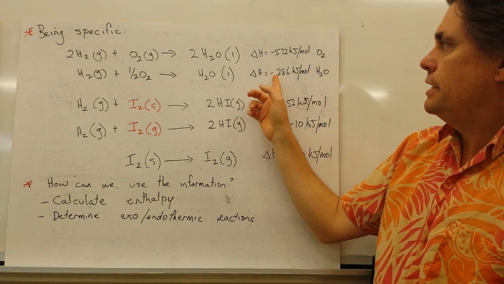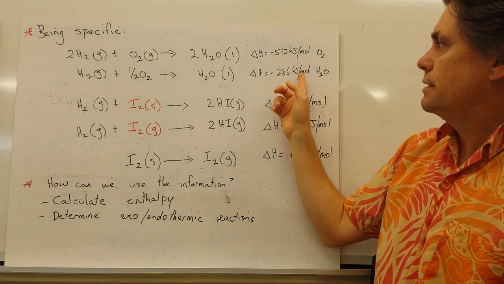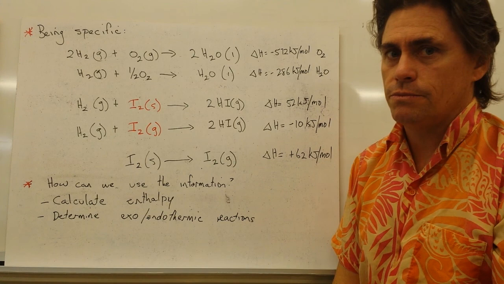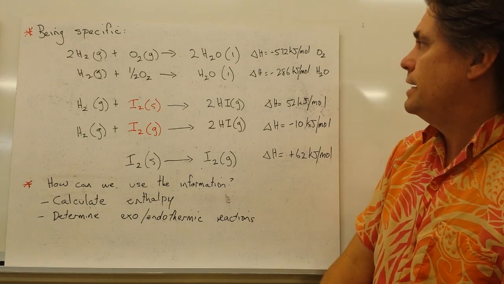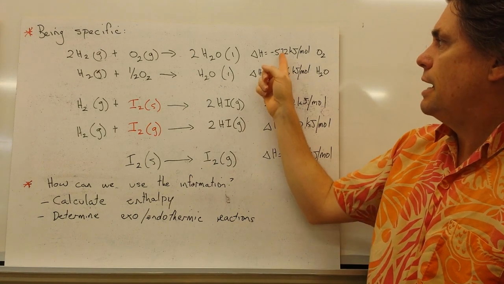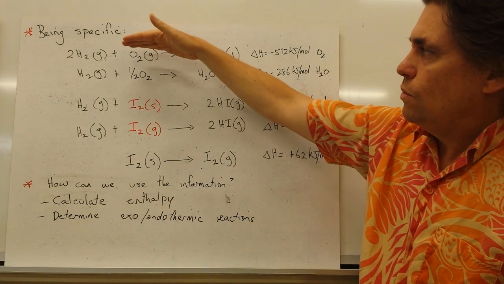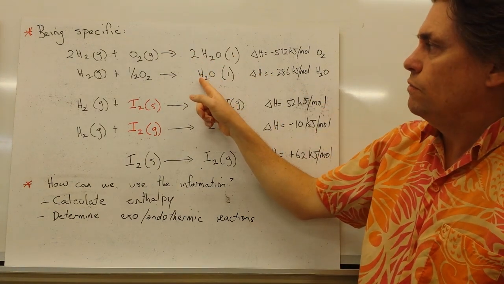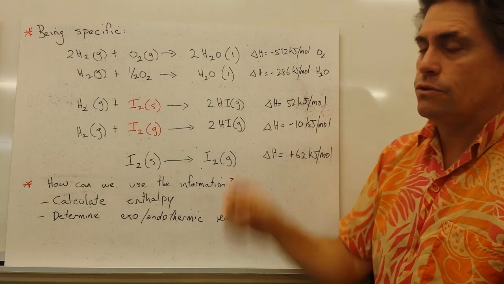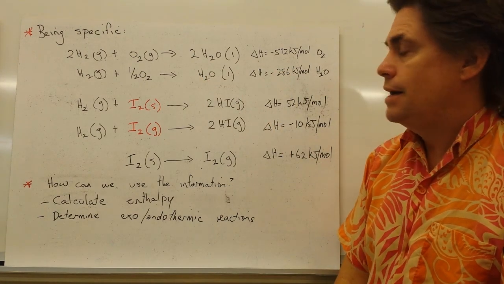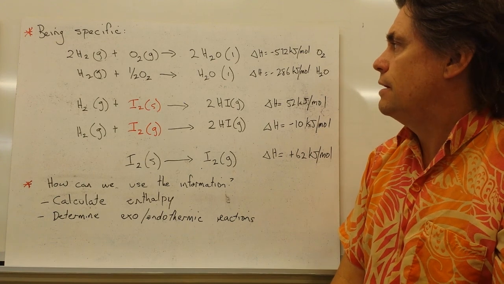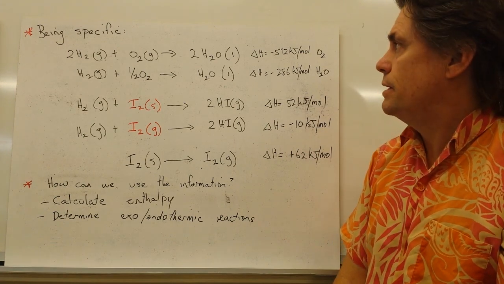And we've got a delta H value of minus 286 kilojoules per mole of water formed. If we do a quick calculation, we find that this value is half of this value. So in going from 2 moles of water to 1 mole of water, we halve the delta H value. And that once again tells us that our energy is conserved in the system as well.